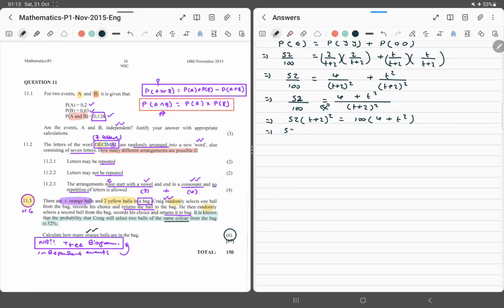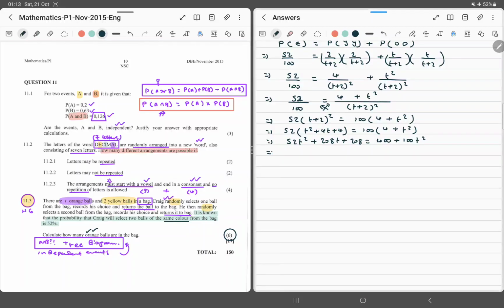What do we do then? We've got 52 into, this is t squared plus 4t plus 4 equals 100 into 4 plus t squared. Okay, great. Now we sort this out. It's going to be 52 t squared plus 52 by 4 is 208 t plus 208 is equal to 400 plus 100 t squared.